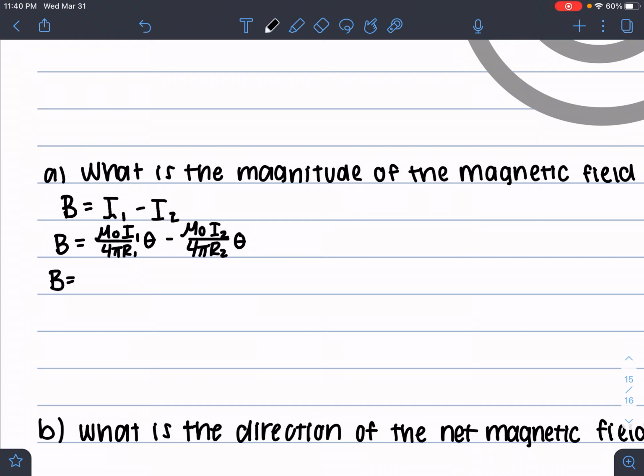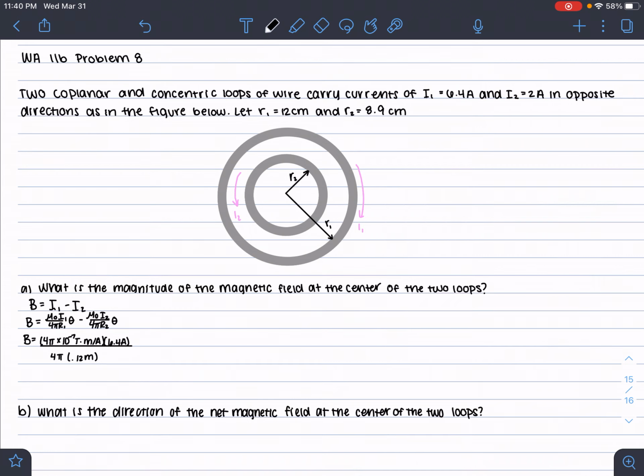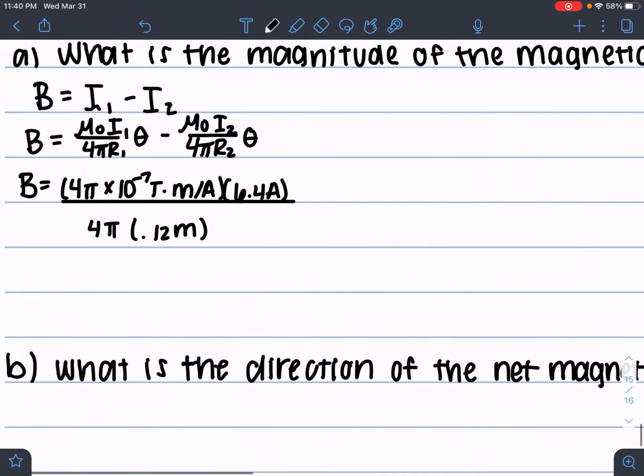So now plugging in values, 4 pi times 10 to the negative 7th, this is just a constant, times I1, which was 6.4 amps, over 4 pi times 0.12 meters, and make sure to recognize that these are both in centimeters and need to be converted to meters, or else the answer will be off.